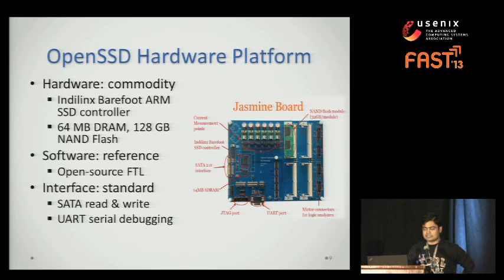Secondly, this board comes with some reference FTL implementations which we thought to use, but they were poor in performance, and hence we had to spend some time optimizing them so as to bring them to a level that we can prototype our new designs on.